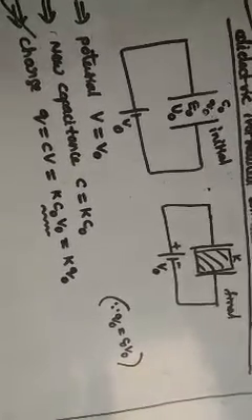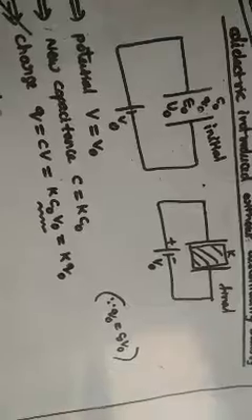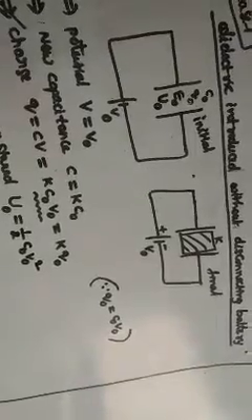Next, the initial energy stored. I am writing U naught. In the energy stored formula, I am using half C naught V naught square. Now the final energy stored, what is the formula? Half C V square. Half C means K C naught, and V is the same V naught.